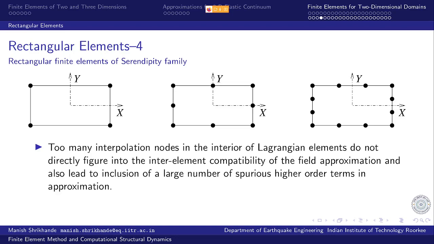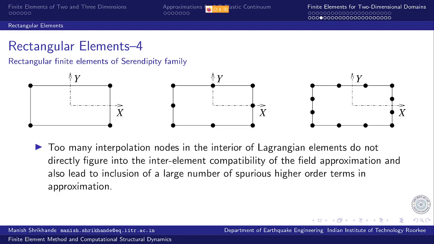The intention was to develop finite elements with fewer interior nodes, and there was a possibility. If we consider mid-side nodes on the edges of the rectangle, the 8 nodes that we have are still two more than what is required for a complete quadratic polynomial.